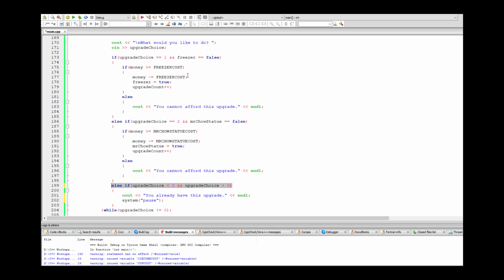So they chose to buy it, and they just for some reason didn't have it. So if I chose 1 or 2, this should actually be less than or equal to 2. All right, so they chose to buy it, they did not have it, they chose to buy it, but they did have it. So it did not go into here, did not go into here, so it'll go into here.